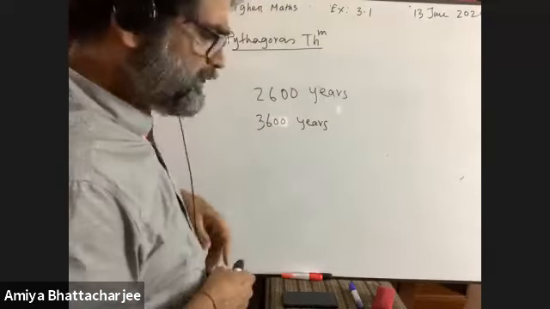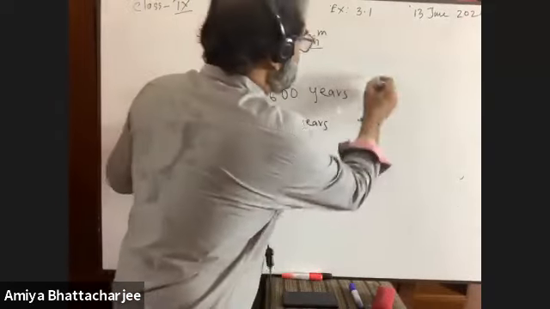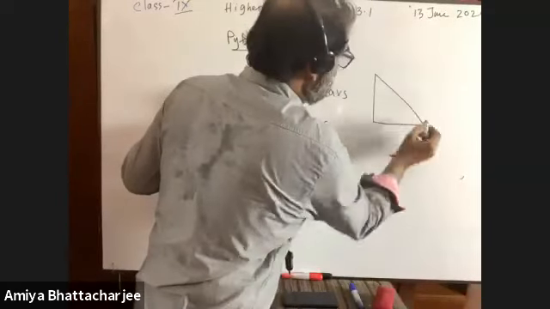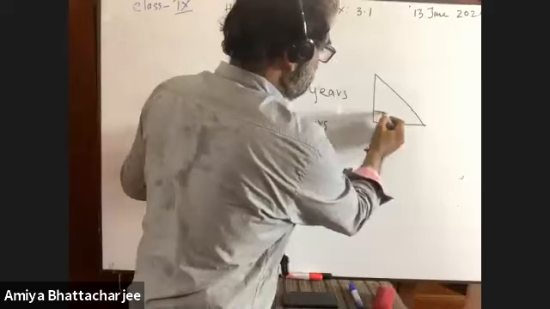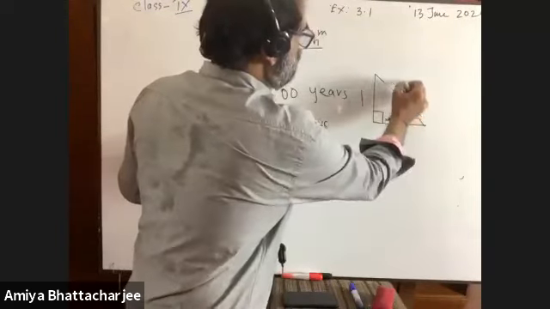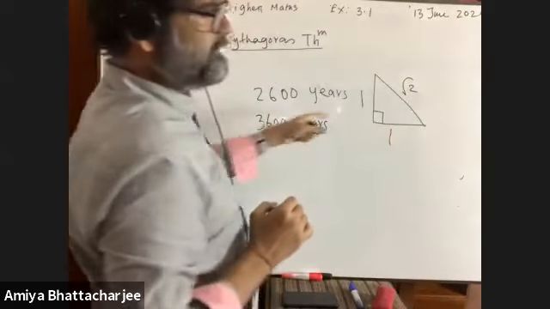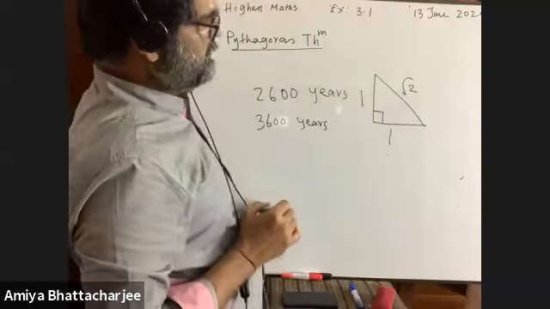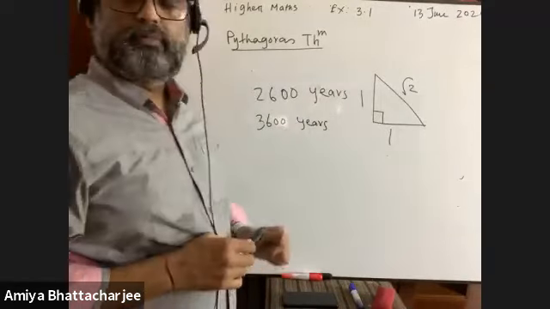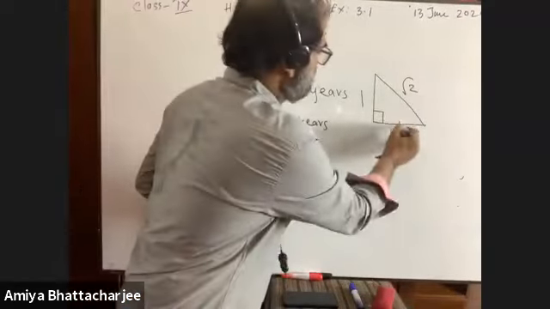You know what concept they had? Suppose they did a lot of maths taking this type of ratio. Suppose it is a right angle triangle, it is 1, and it is √2. This and this are equal.